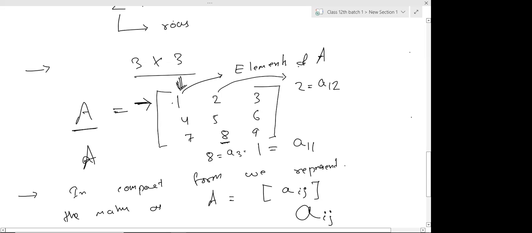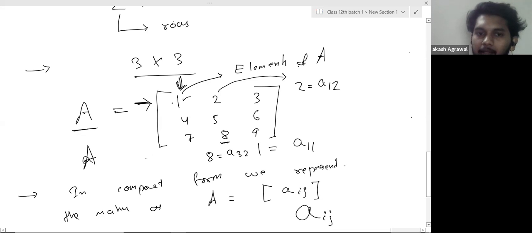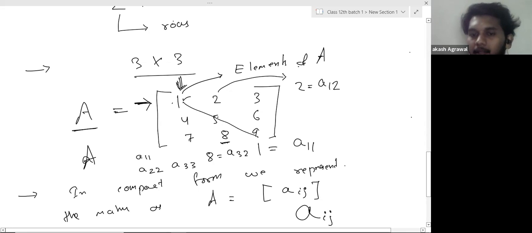A32. So notice one thing also: 1 is A11, 5 is A22, 9 is A33. This is called the diagonal element. I'll tell you about this in detail later, just some idea. These are in the diagonal.